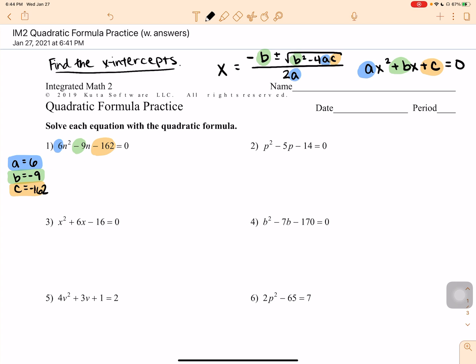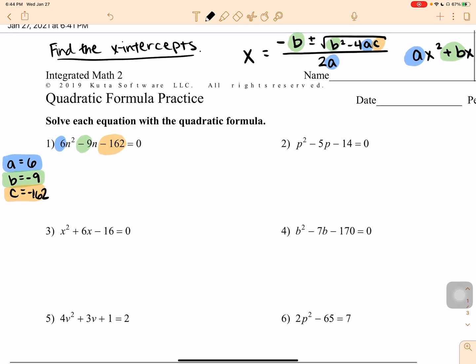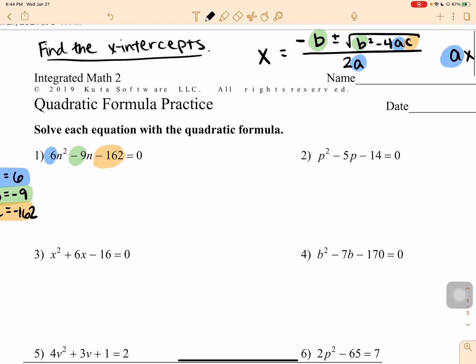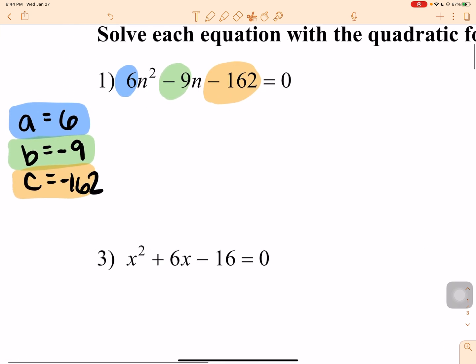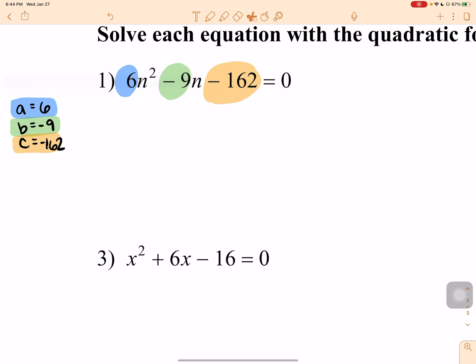Okay, so here's what we do. We are going to start plugging this into the quadratic formula. So I'm going to zoom in a little bit. I have it memorized, so hopefully you wrote this formula down. If not, you should pause it first because it's going to disappear. Okay, I'm going to make this a little bit smaller now that I'm zoomed in.